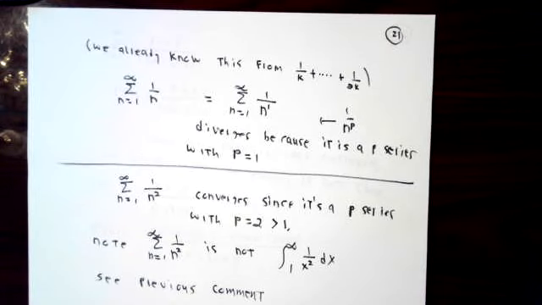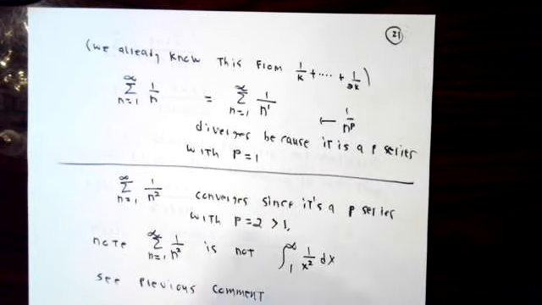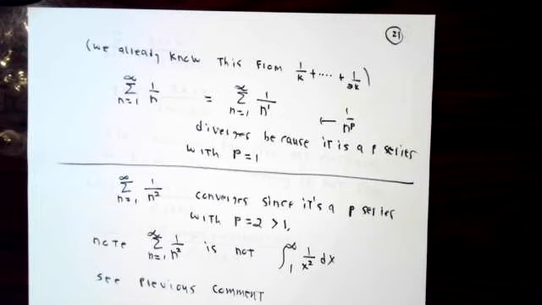Previously, we made a complicated argument based on adding up numbers that look like 1 over k plus 1 over k plus 1 plus so on and so forth out to 1 over 2 times k. We figured out from the fact that everything of that type is at least a half that this series diverges, even though the individual terms tend to 0. We can now see this in a much easier way.